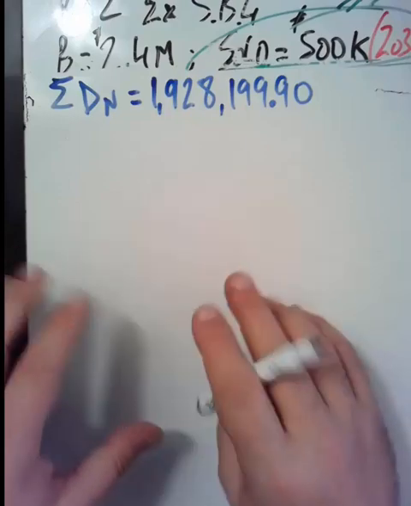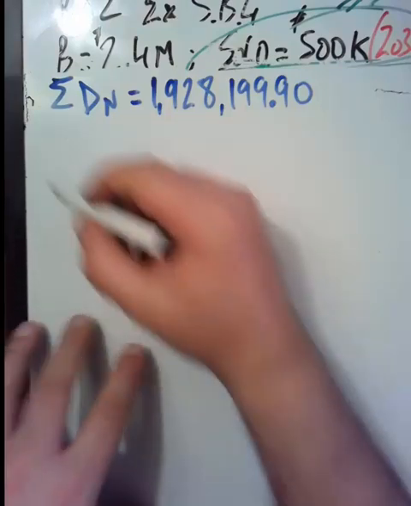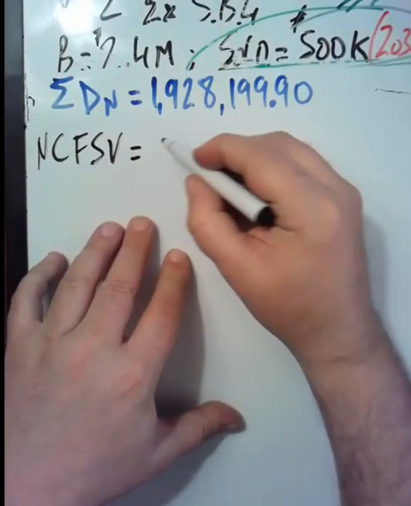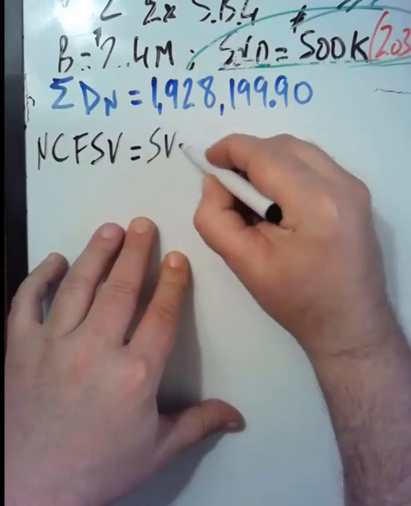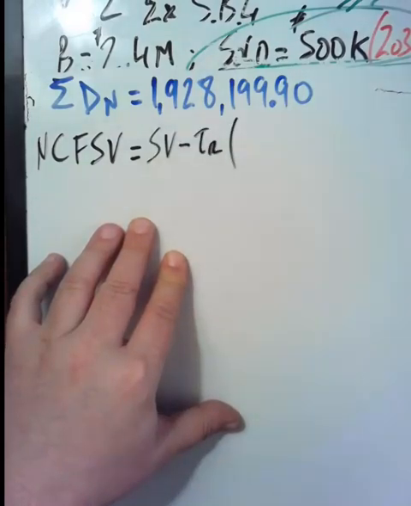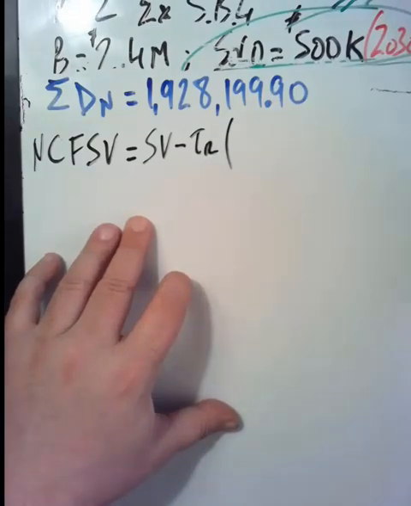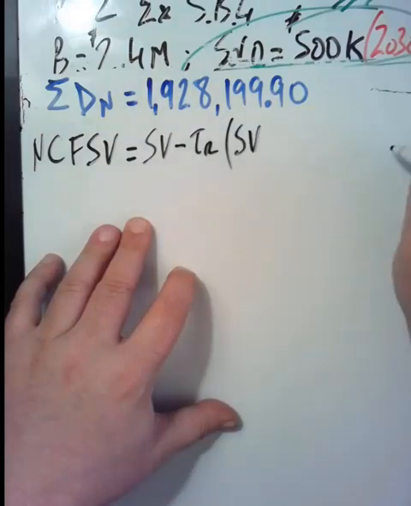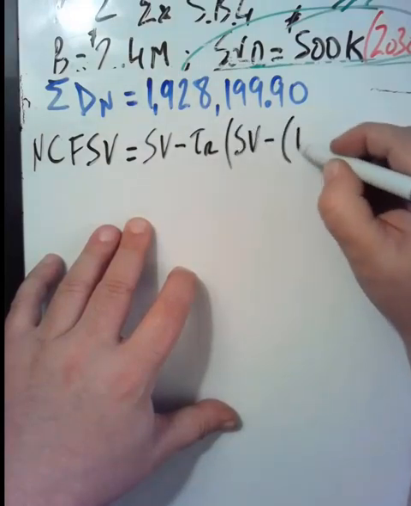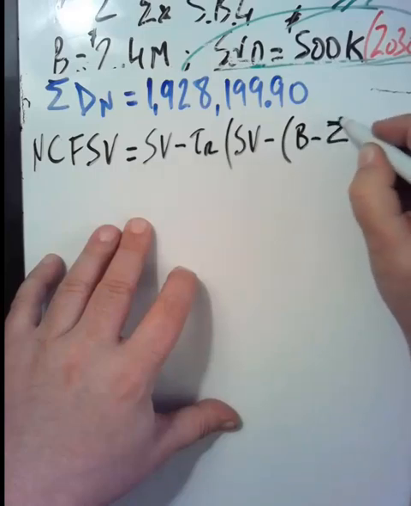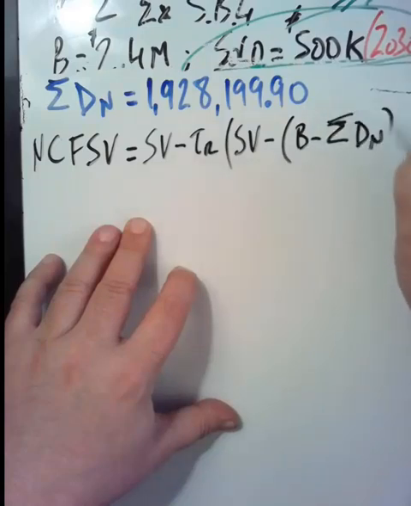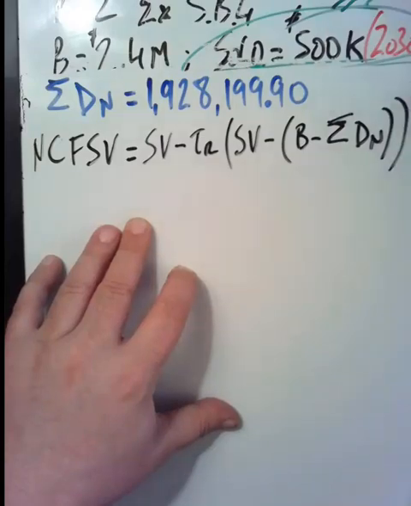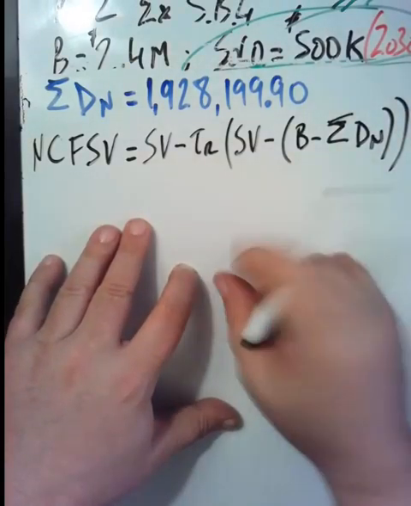Alright, so what is the net cash flow from salvage value? Remember the formula. Salvage value minus taxes paid on potential capital gains or losses, where the capital gain or loss is assessed by doing the difference between the salvage value and the book value, where the book value is equal to the basis minus the summation of all the depreciation recorded in the books up to the moment we stop using the machine.